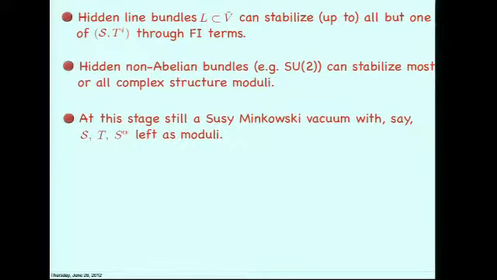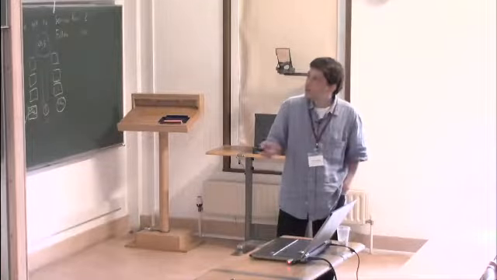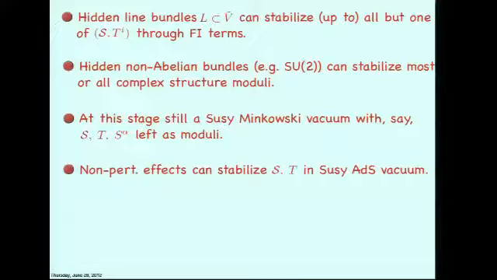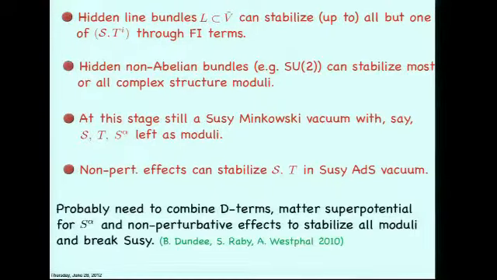So at this stage we're left with a fairly small number of moduli, at least on the gravitational side, and we're still in a supersymmetric Minkowski vacuum. And then we can add non-perturbative effects, and we've shown that at least we can then stabilize the remaining S and the remaining T modulus in a supersymmetric AdS vacuum. And of course we need to push that further.